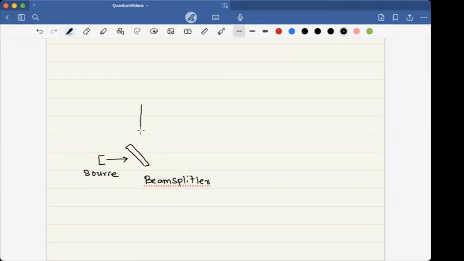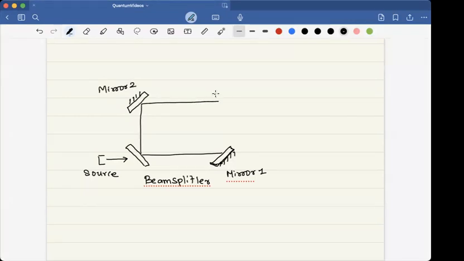Then you have these mirrors, which just reflect the light. This is mirror 1, mirror 2, and then we have another beam splitter over here.